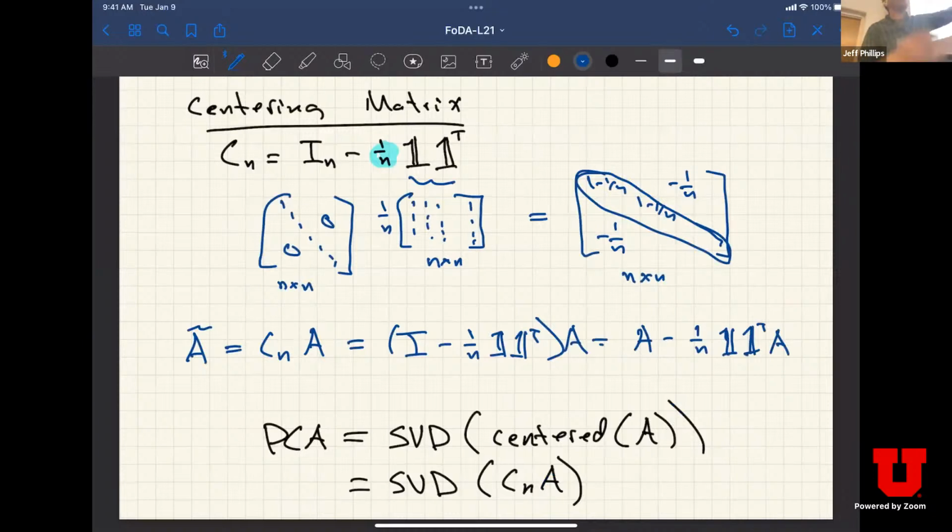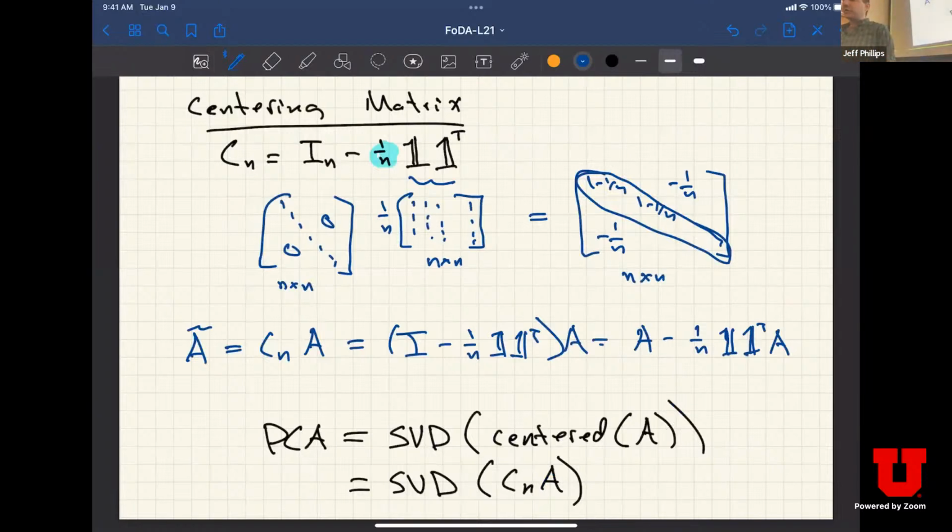The 1 over n is taking the average, and the all ones is multiplying all the things in a column. If you unroll this, you can see it's actually computing the center and then subtracting it in the linear algebraic way. We could go through it, but you just need to believe me that multiplying by this matrix is doing the centering step. Cool, this is principal component analysis.